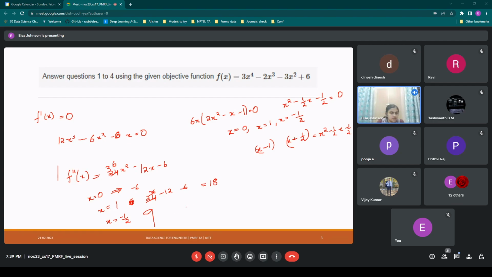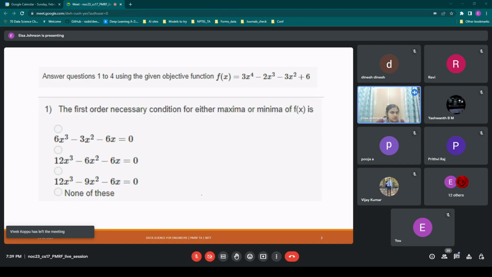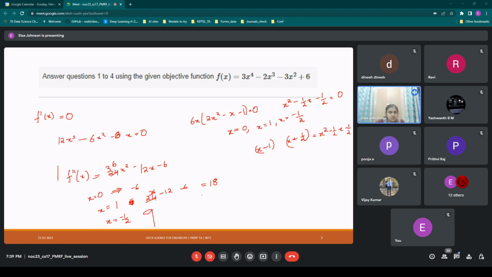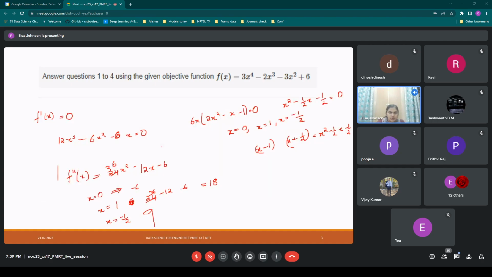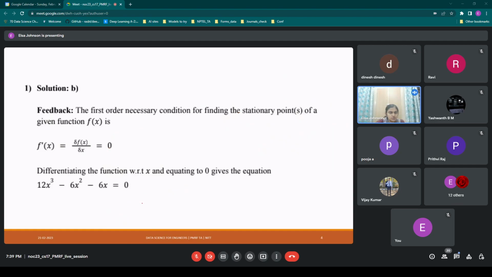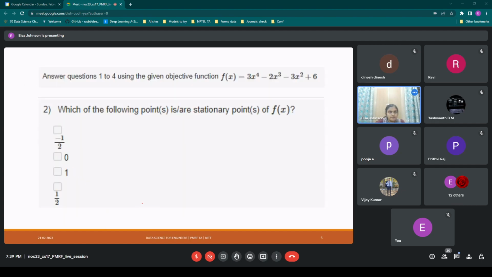Why have you selected the B option in that case? So the first one, this is B, right? We have reached up to 12x cube minus 6x square minus 6x equal to 0. So in this case, the answer is B, right? This is the answer. I'll stop up to here, like minus 6, 18 and 9, and we'll look at the other question.